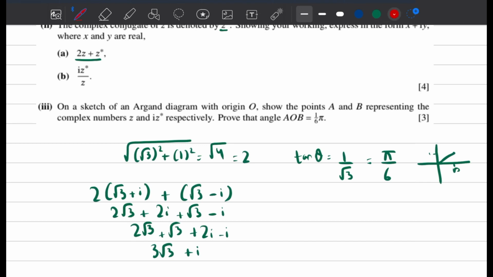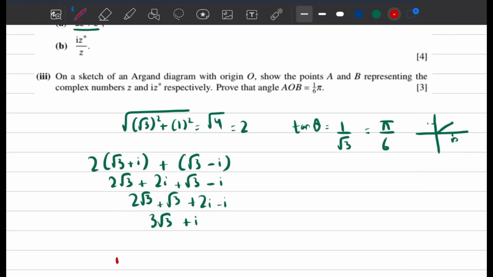In the next part, I'm supposed to do i z conjugate, that's under root 3 minus iota divided by under root 3 plus iota. First simplify. So under root 3 iota minus i square upon under root 3 plus iota. I square means minus 1.